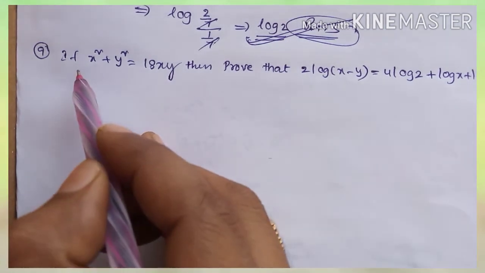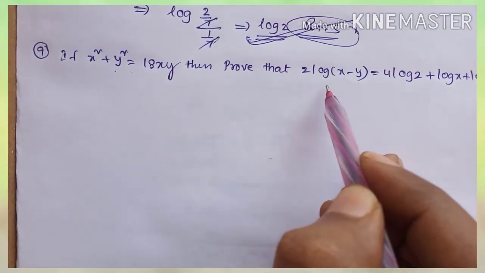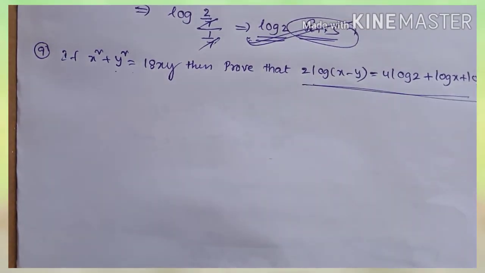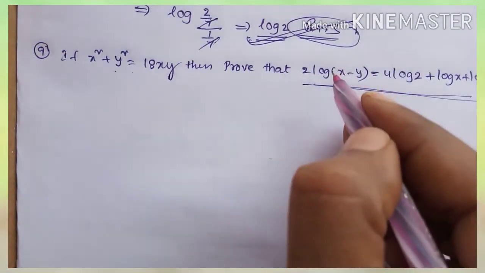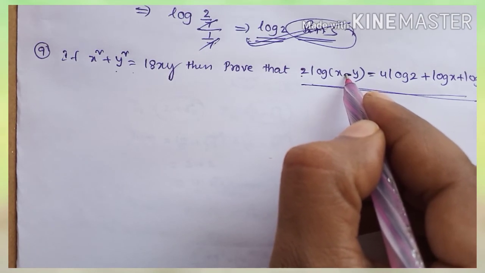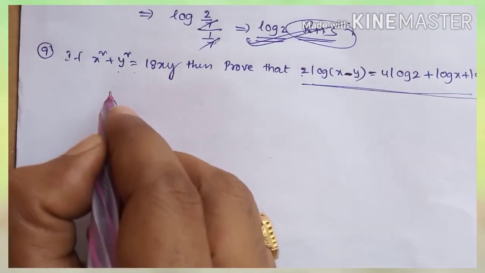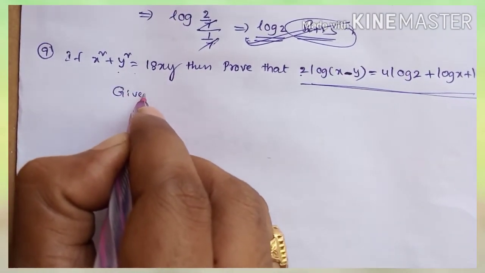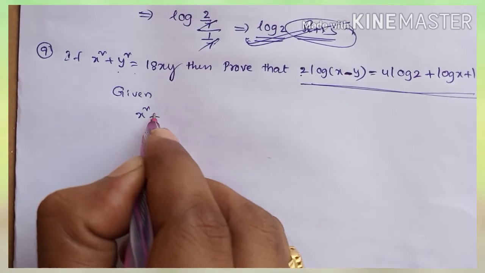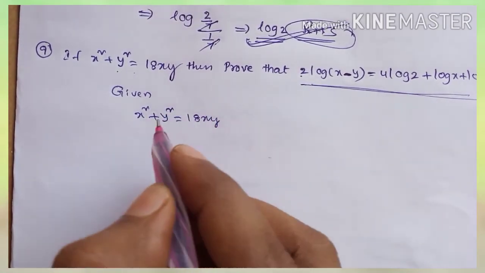Now if x square plus y square is equal to 18xy, then we have to prove this one. First check the requirement here: 2 log of (x minus y). The requirement is negative. So what you have to do here? Now the given value is x square plus y square is equal to 18xy.